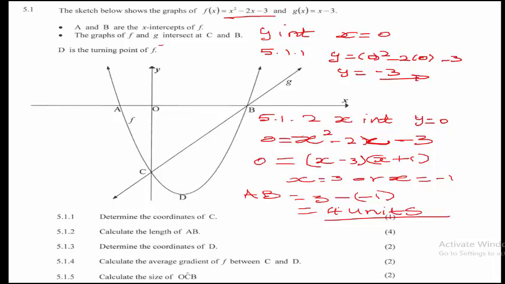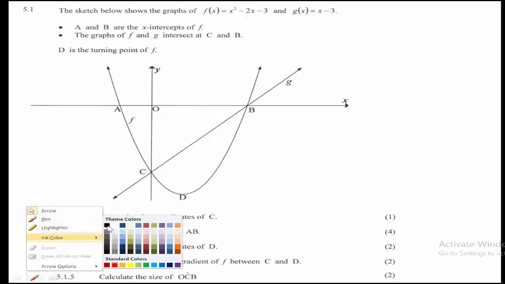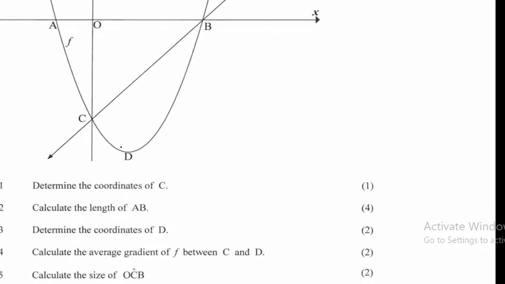The question is determine the coordinates of D. Now, very easy. Again, coordinates of D. Where is your D? Your D is basically, let me just go with the black ink this time. Your D is there. Your D is here. Sorry about that.